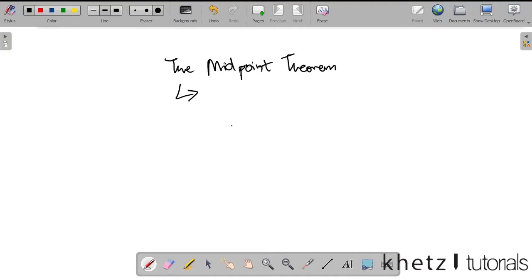So we are talking about the midpoint theorem, and before we talk about it, we have to really know what it is. And this is what the midpoint theorem says.